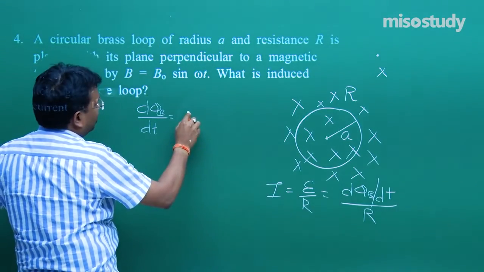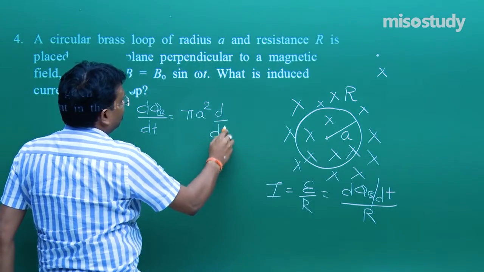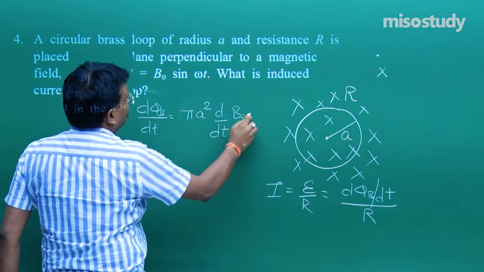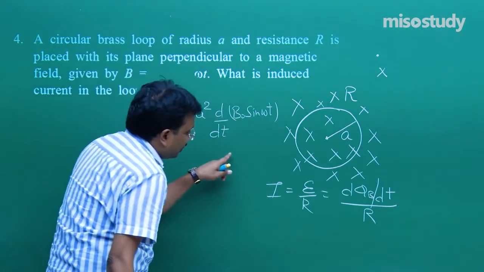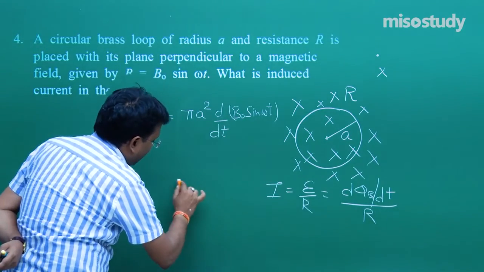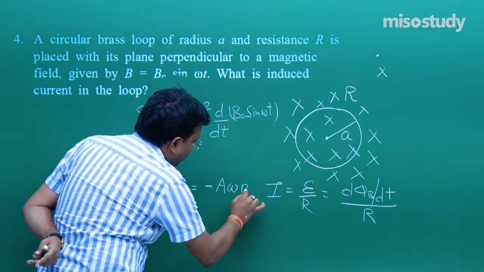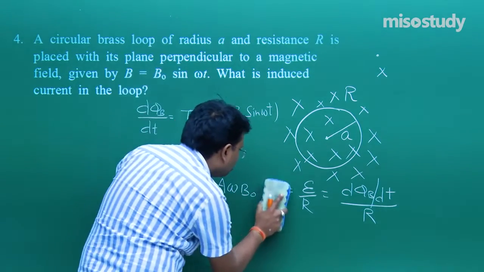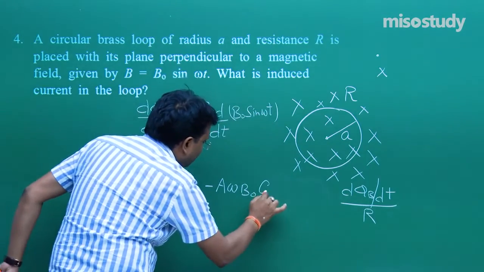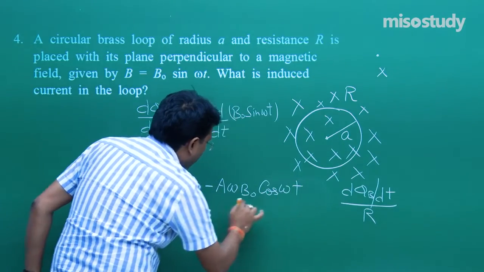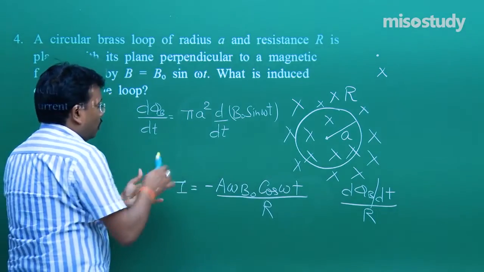So it is going to be pi a square d by dt of B naught sine omega t. Simply differentiate it, you will get I finally is equal to minus pi a square omega B naught cos omega t upon R.